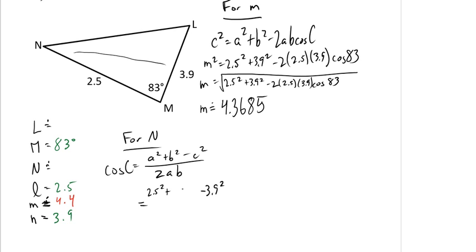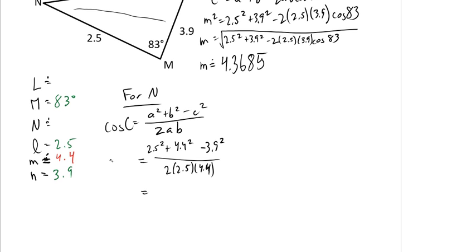Plus, I'll just call this 4.4 squared, but I've got that number on my calculator. So I called it 4.4, but I'm going to use more digits to make sure I'm exactly bang on. It'd be a pain to have to write that number out over and over again.